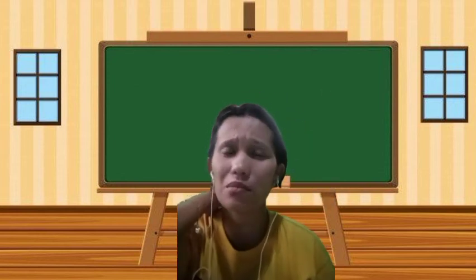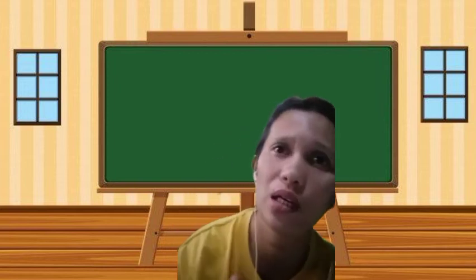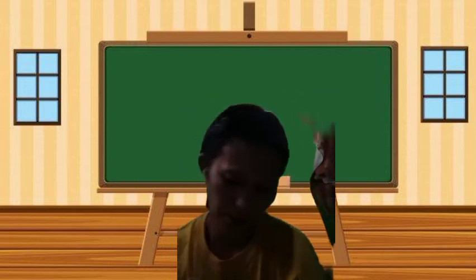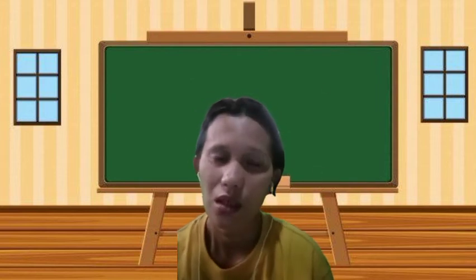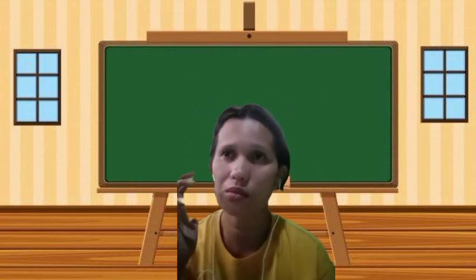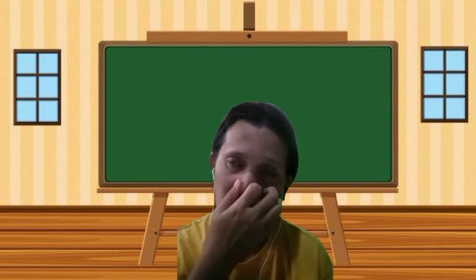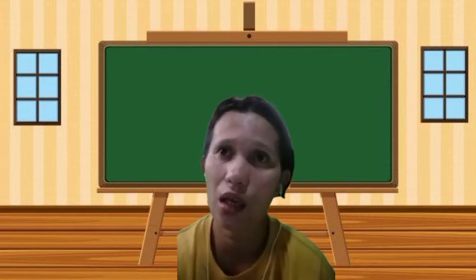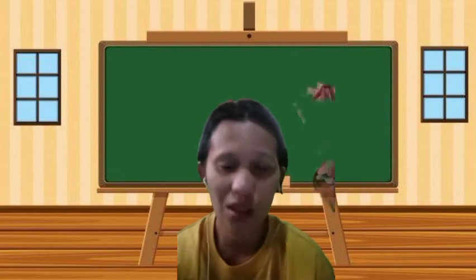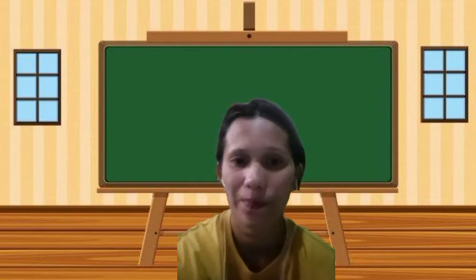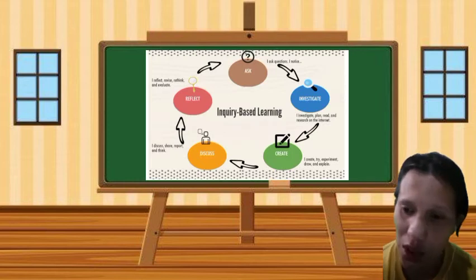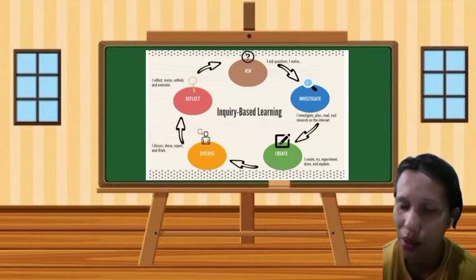When we say deductive, it is, for example, from general to specific. Some students are able to easily understand when there is an example that suits best the subject matter. In this illustration, inquiry-based learning.